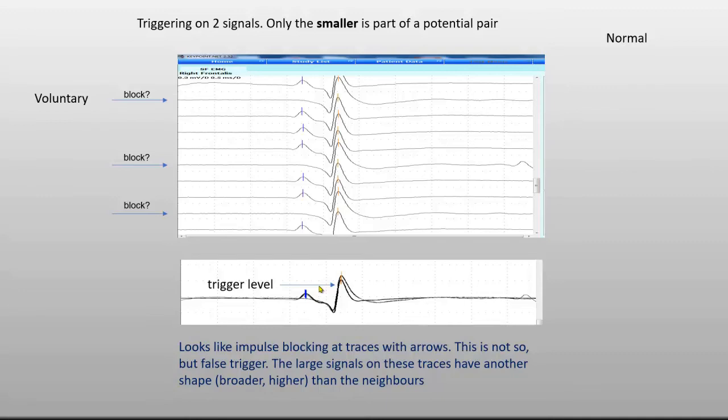In this example, we are triggering on these two signals, and it's only the smaller one, the one with lower amplitude, that has a double peak. The other one is a single one, and one can see the difference. This one is different from this one, and this one is different from the others.